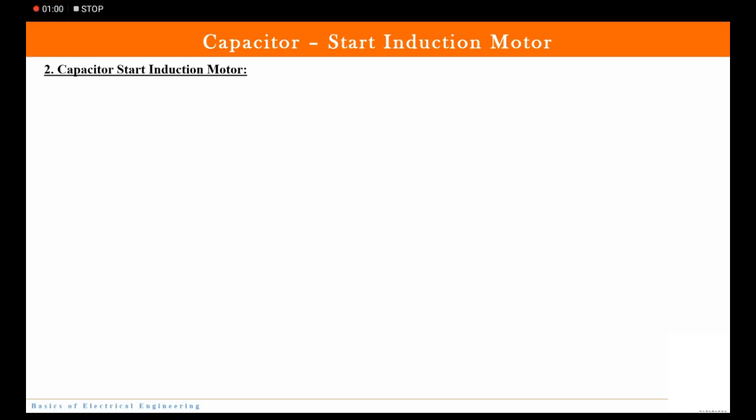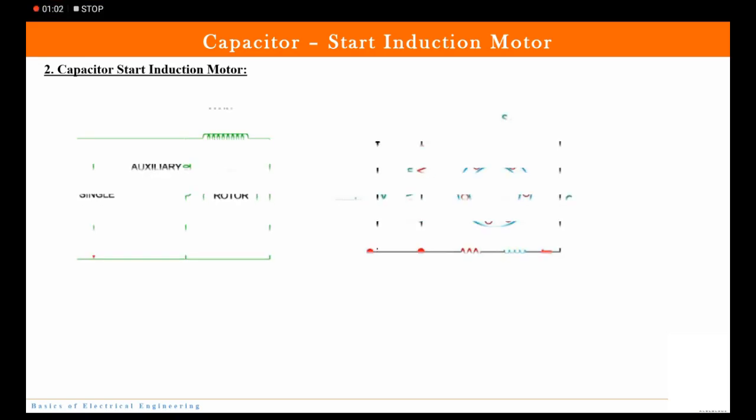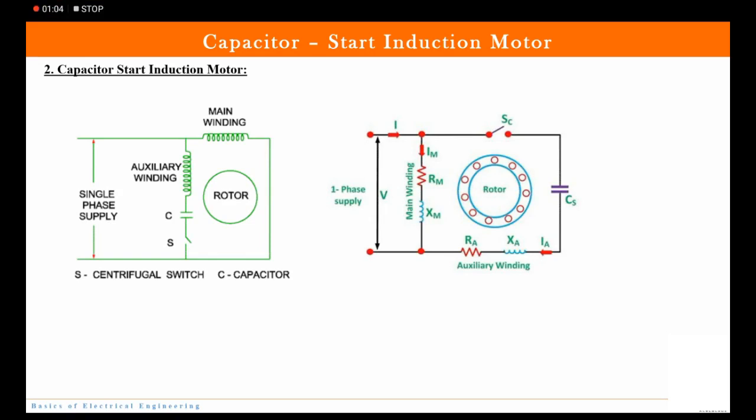So second type is capacitor start induction motor, and here you have two ways of connecting the induction motor with a capacitor. Now let me tell you that this type of motor has very high starting torque, because in the last lecture we discussed that the torque was proportional to sine alpha.